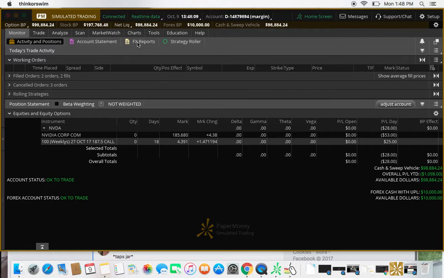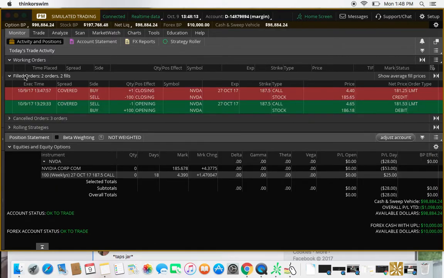So basically, when you come here to where it says filled orders, you did 2 trades. Okay. All right. Cool. So you bought stock basically at 181.53. Yeah, it shows you the individual trades. It says 186.18 is where you bought the stock, and you sold the option for $4.65.